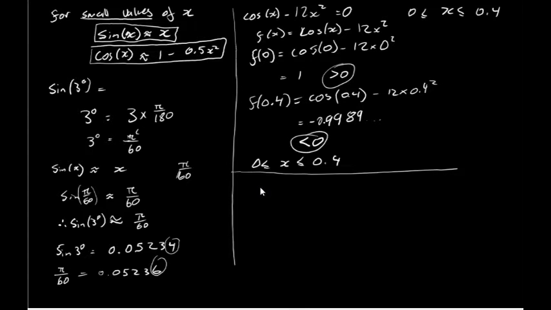And the last question, use the quadratic approximation 1 take 0.5 x squared for cos of x to obtain an estimate of the root in part B. So we know that it's between 0 and 0.4, and because they're small values of x, we can say cos of x is roughly 1 take 0.5 x squared.